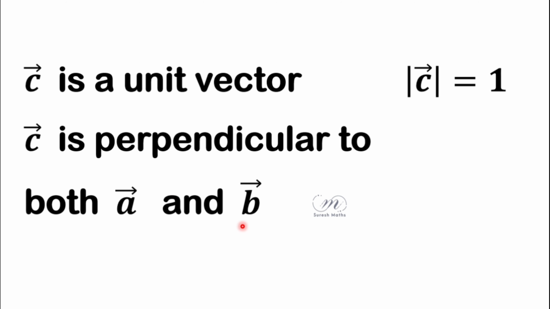It is given data. After that, look at the parallelogram. There are two adjacent sides of the parallelogram, namely A vector is one adjacent side and B vector is another adjacent side. So A and B are adjacent sides.